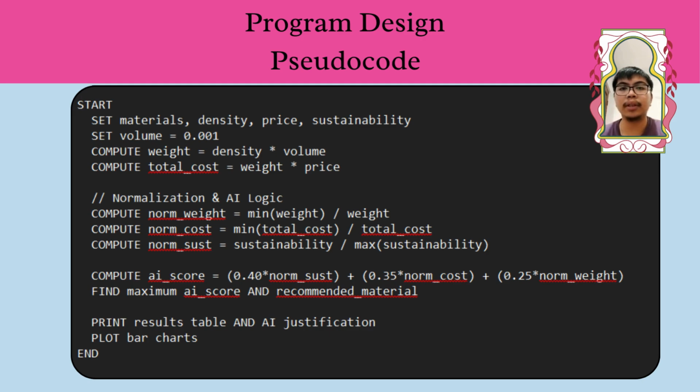After evaluating the weighted score formula, the script utilizes an array indexing function to identify the highest performing material. It concludes by using automated conditional branches to dynamically retrieve and print the exact technical justification for the winning material profile.